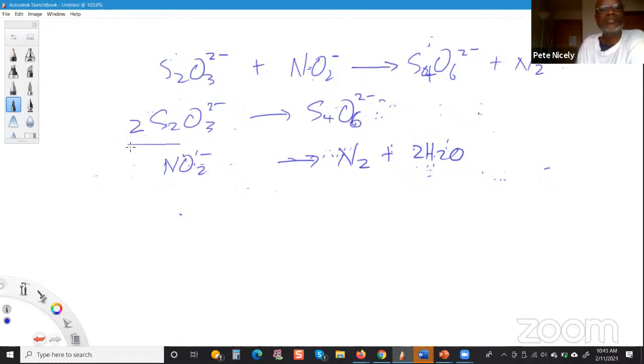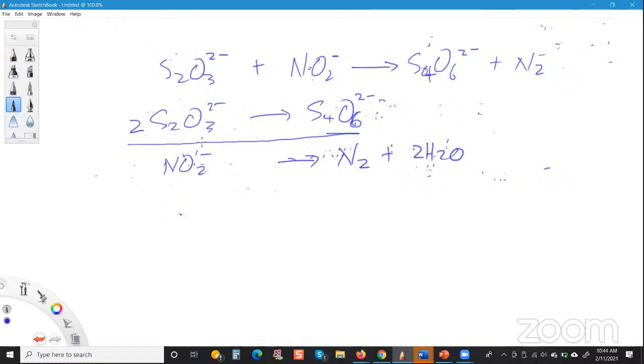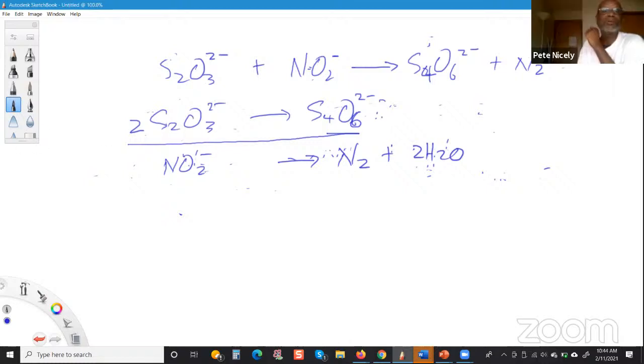So what do you think we need to do here for this half equation at this stage? What's the total? You need 2 electrons on the left side. Yes, 2 electrons on the left side.